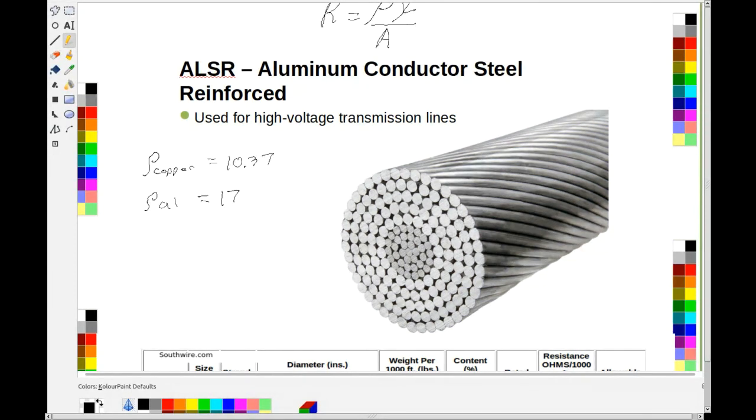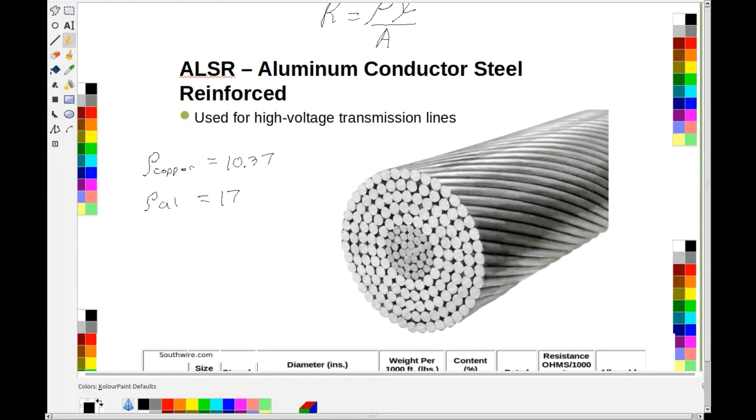Another part of the reason is, I think, it holds up a little bit better when you consider that you're connecting it on these big towers for hundreds and hundreds of miles. Okay. And so we use aluminum for transmission, even though it has almost twice as much resistance as copper does.